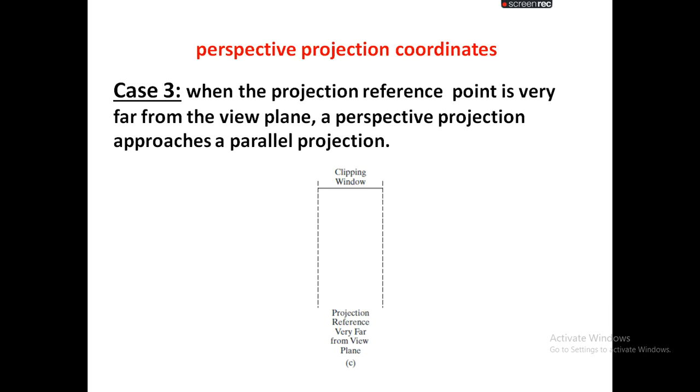Means in case of perspective projection, if you place the object between the near plane and far plane, then only the object is visible. If you place the object beyond the distance of the far plane, that object will become invisible, and perspective projection becomes the parallel projection concept. So this is case 3.